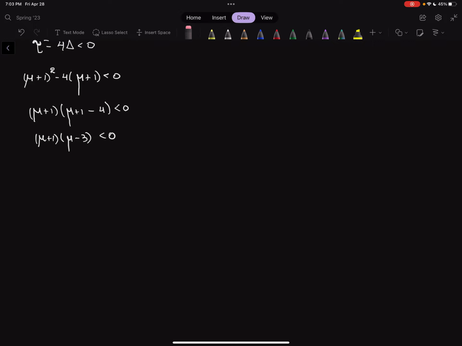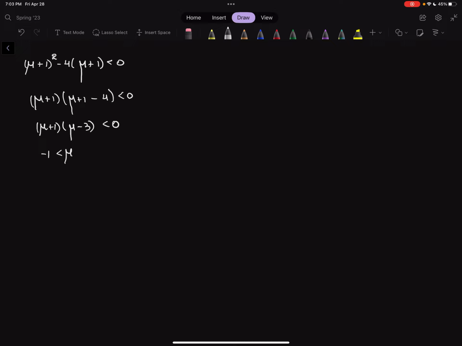So we know that mu here, for this to be true, has to be greater than negative 1. So let me write it on this side. Greater than negative 1.